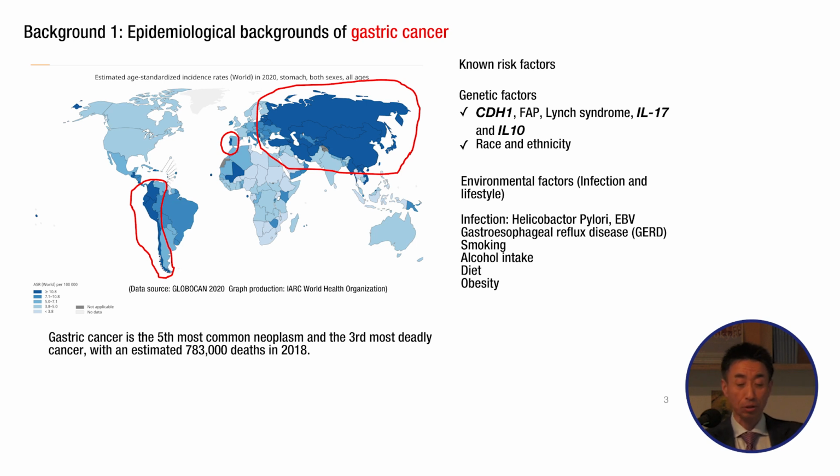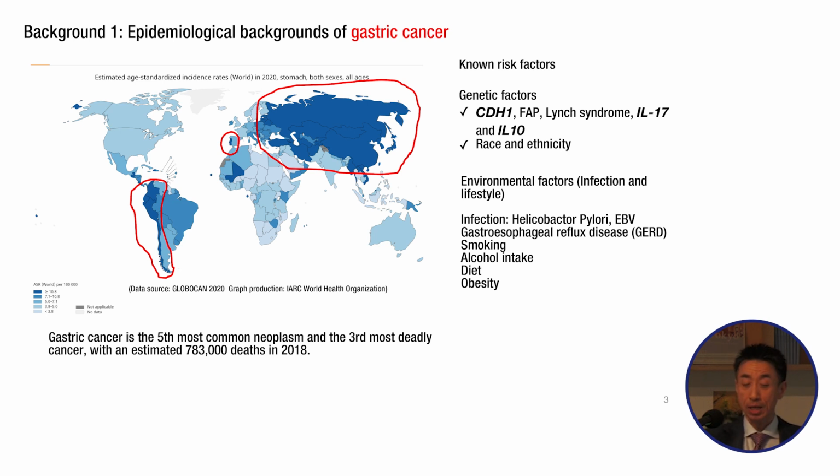Also, as Dr. Kuama said, gastric cancer is a very important cancer for our country. Of course, many studies have shown risk factors related to gastric cancer, including genetic factors, genetic variants in some specific genes, and environmental factors, including Helicobacter pylori infection or EB virus.